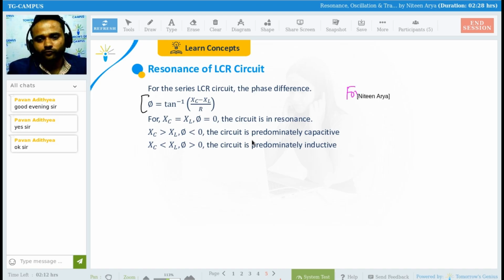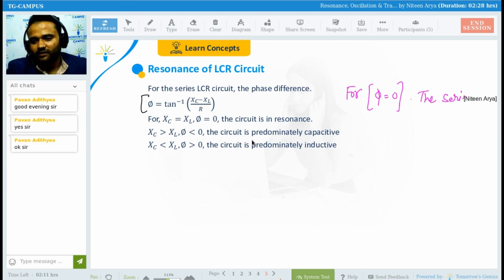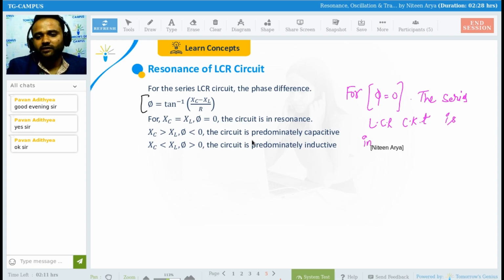For phase difference phi equals 0, it shows us that the series LCR circuit is in resonant condition.